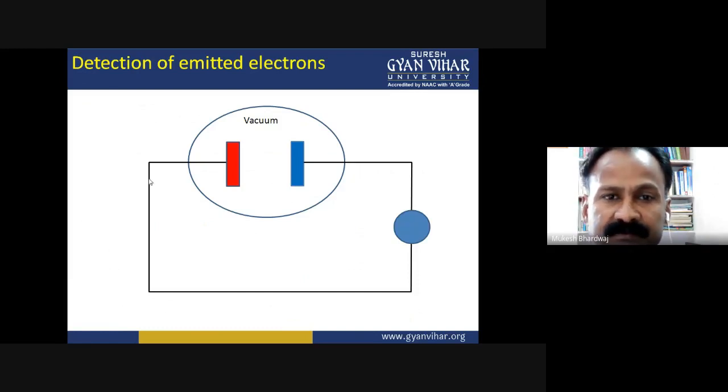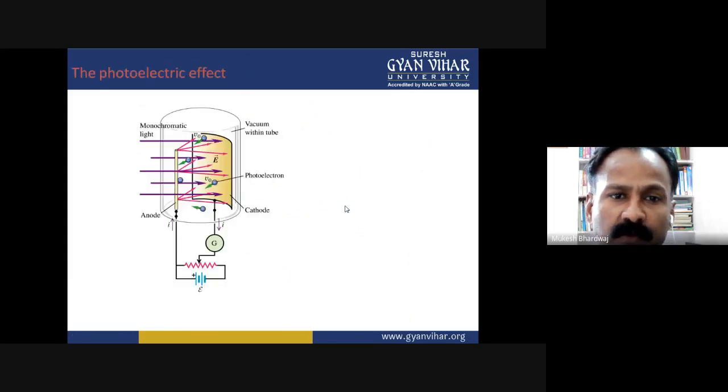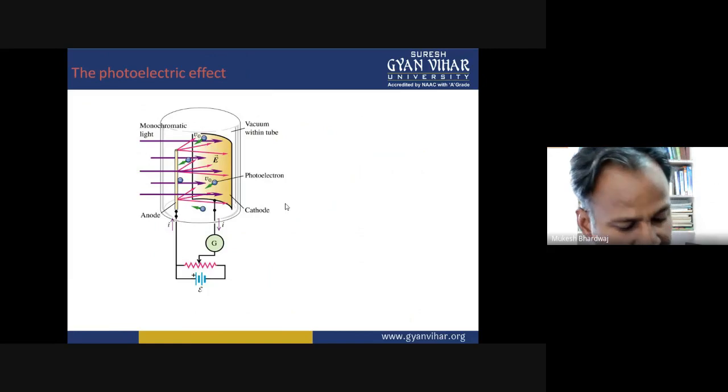After that, energy comes in, electrons start moving, and current starts flowing. Monochromatic light in, variable voltage: the photoelectric effect. This is the pictorial representation of a photoelectric effect tube, or we can say the experimental arrangement.